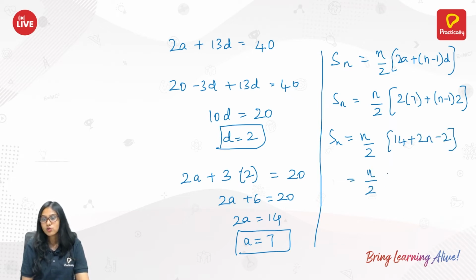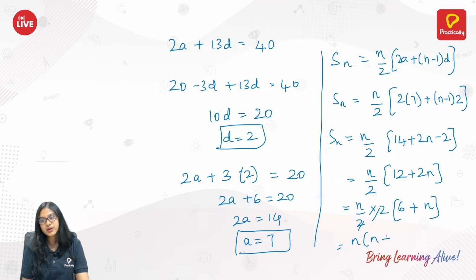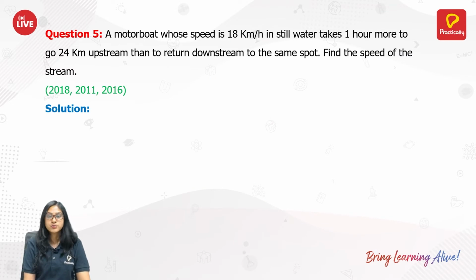So n by 2 of 12 plus 2n. N by 2 of 2 you can take common, 6 plus n. 2 cancels. So n of n plus 6 is our answer. Got it? Next. A motorboat whose speed is 18 km per hour in still water.